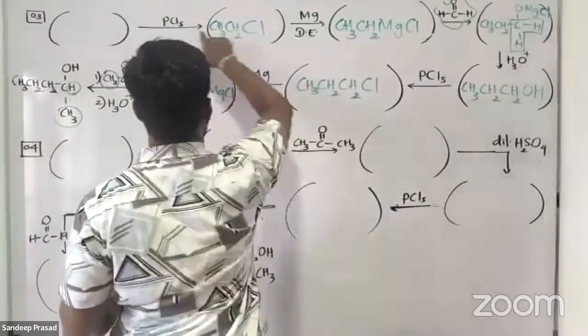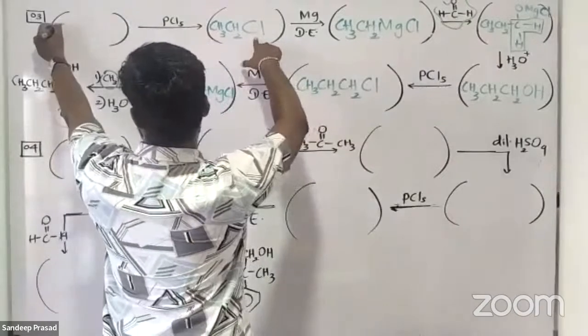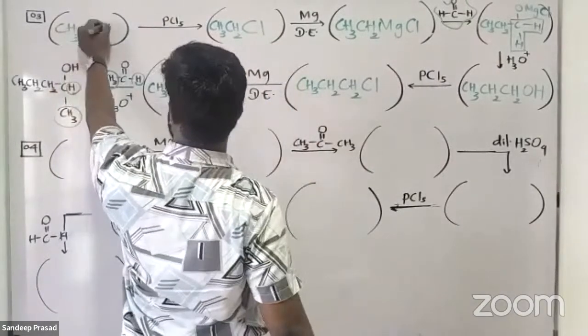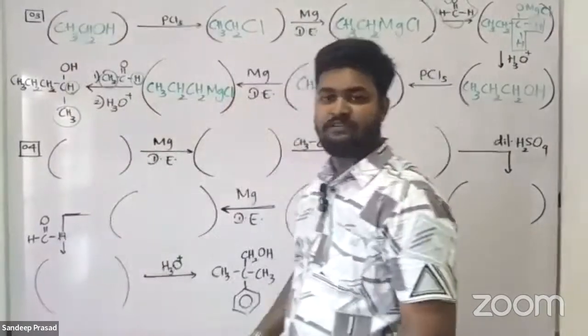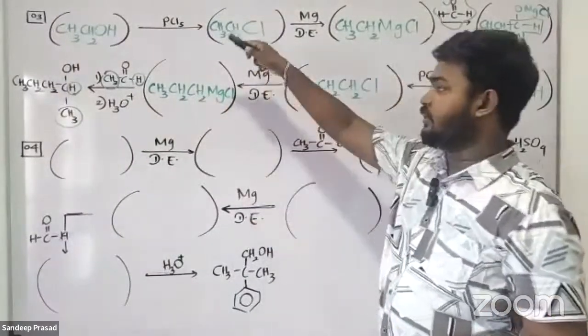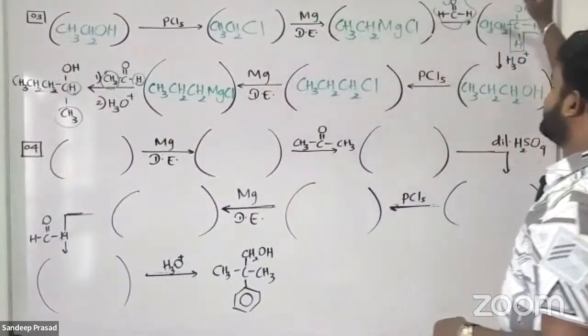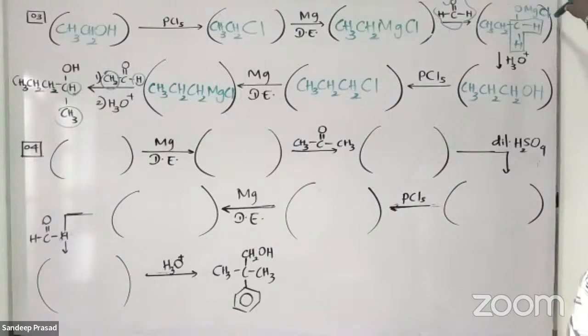And PCl5 is added to form the alkyl halide, started from the alcohol CH3, CH2, OH, ethanol. We have started from ethanol. Ethanol, PCl5 added, therefore alkyl halide. Grignard reagent, aldehyde is added, therefore the intermediate. With the Grignard reagent, MgCl is connected and H3O+ is added, then again alcohols are formed.